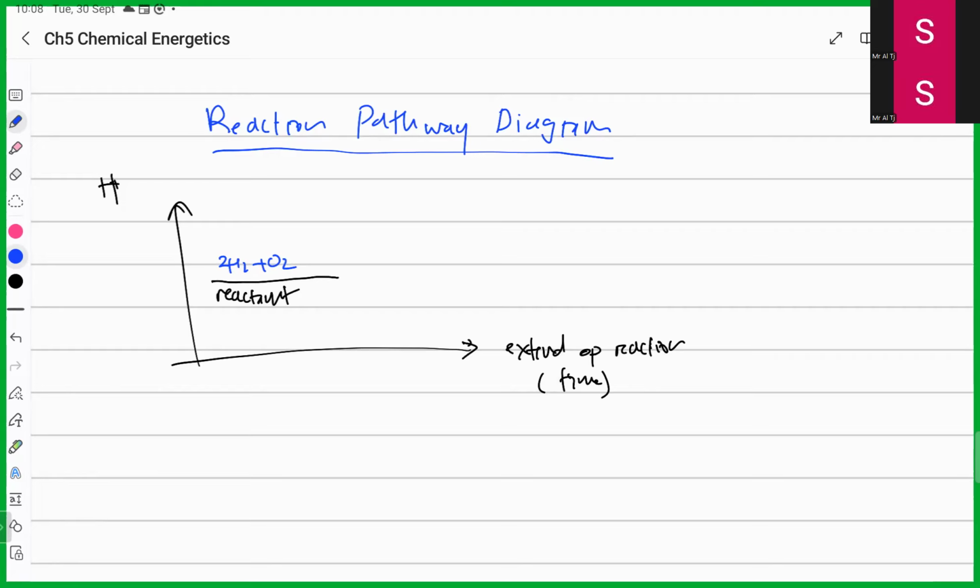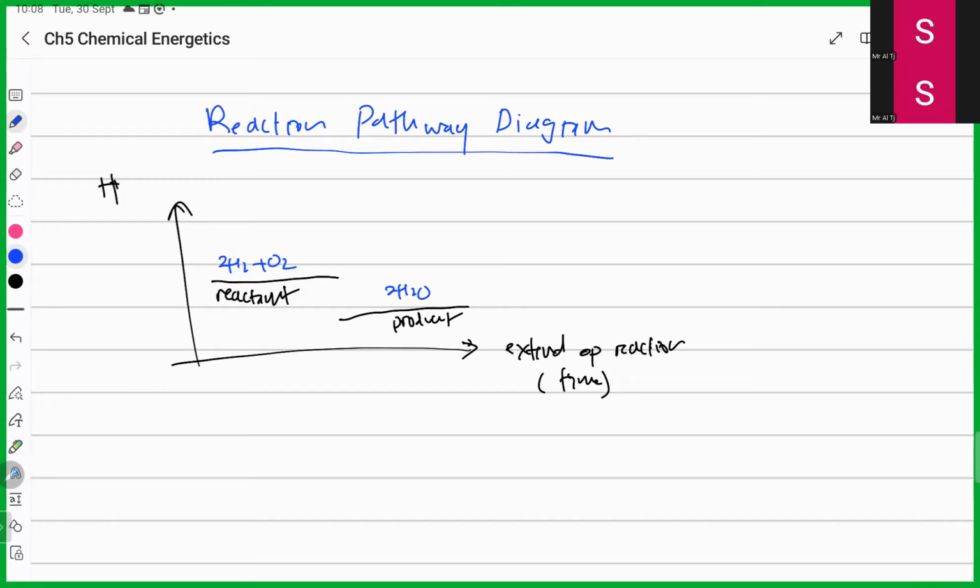This is initially horizontal, and the second line we're going to have is the position of enthalpy for the product. The product is going to be another horizontal level. In this case, it's going to be 2H2O.